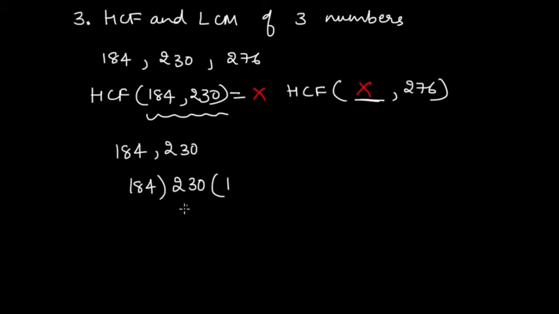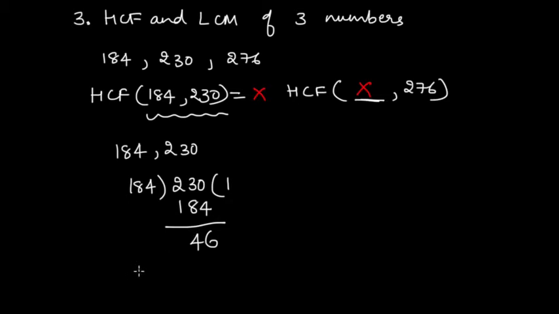So 184 one times, 184, 6, 12 minus 8 is 4, and 1 minus 1 is 0. So 46 is the remainder. We have a remainder, so we are not through.